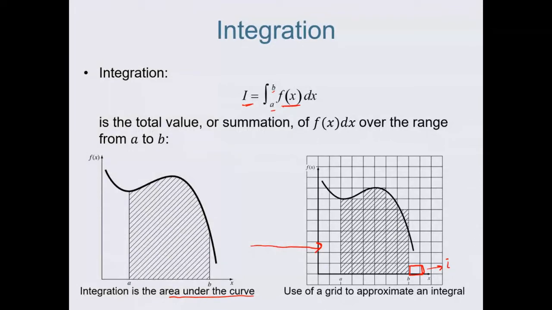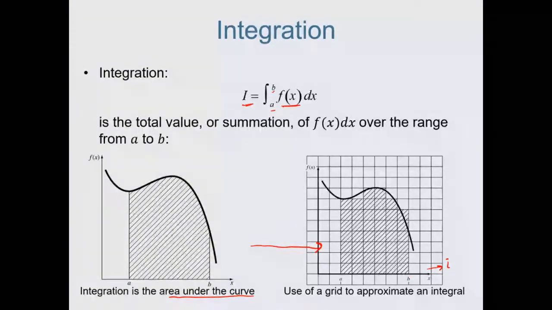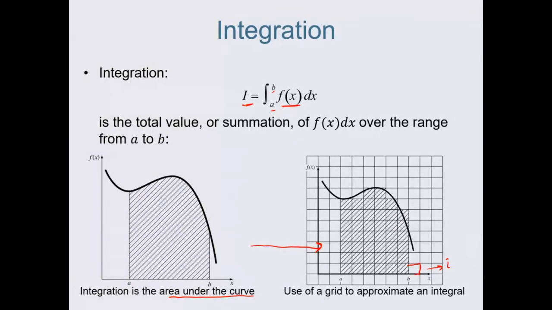So each of the small squares has an area of I. Then what you can do is you can count. We have 1, 2, 3, 4, 5, 6, and you can count how many total, let's say, n squares we have. Then you can find the area is n, the number of squares, multiplied by the area of the individual square. So you can do that, and you can find the area.